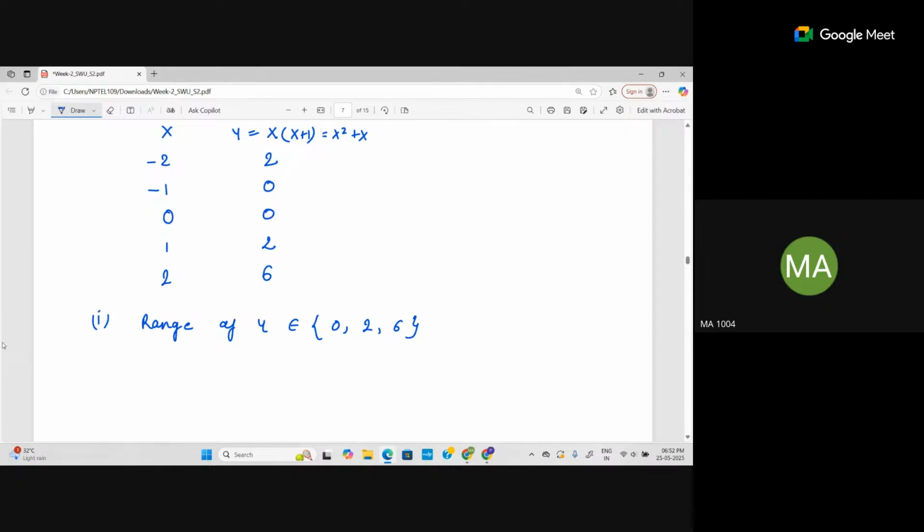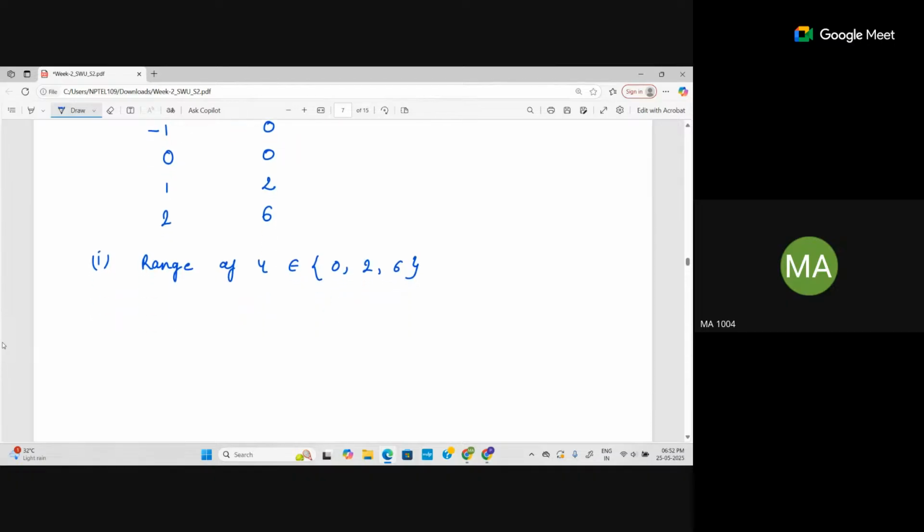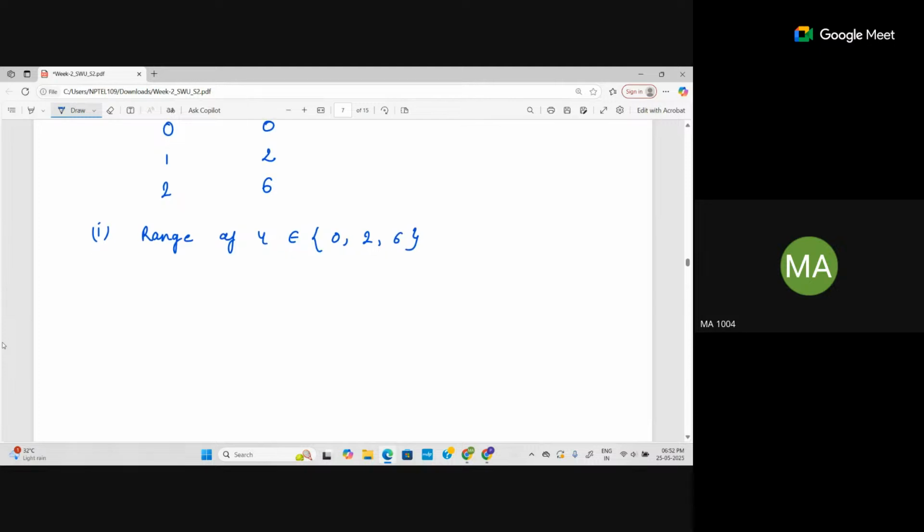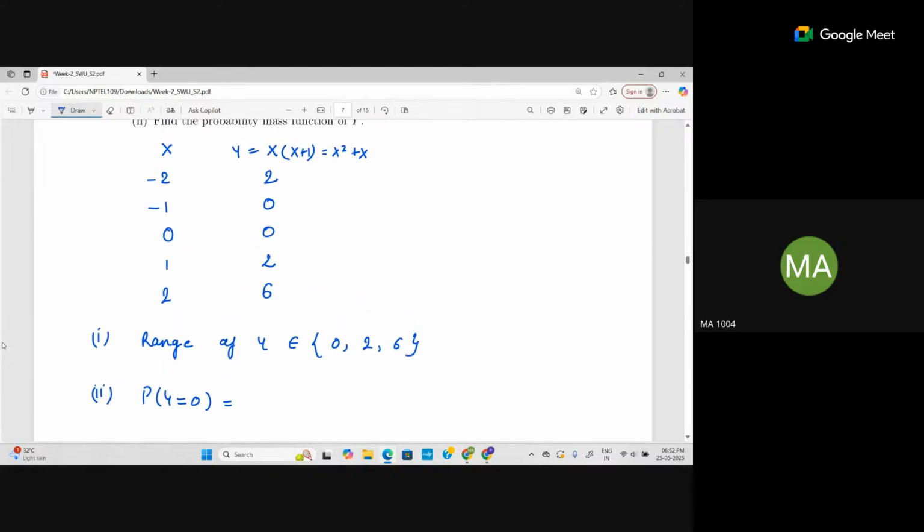Is it clear? Yes, ma'am. Okay, now we have to find the PMF of y. So basically we have to find the probabilities for y taking value 0, 2, and 6. So you can see how we can calculate the probability of y taking value 0. y is 0 when x is equal to -1 and x is equal to 0, right?